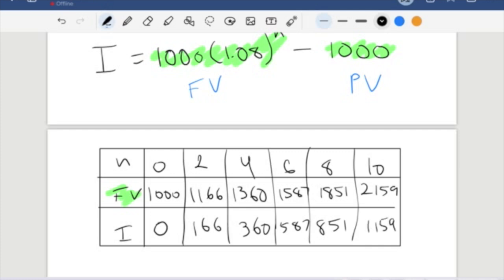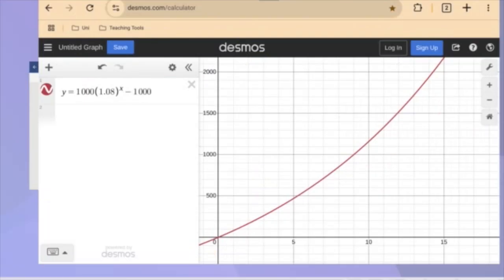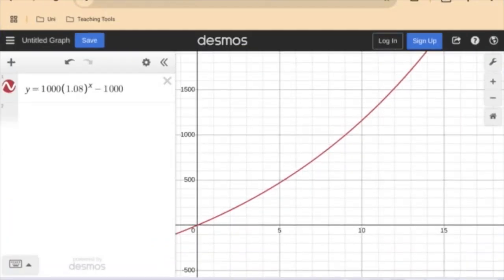Now, in an exam or in your books, you can draw some really nice grid paper, but I've gone ahead and graphed this in Desmos so you can see. But when we look at the actual relationship, at first glance, this could look linear to you, but this ends up being a type of what we call exponential equation, because this x here, or our n, is a power.